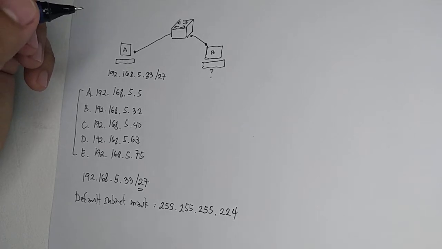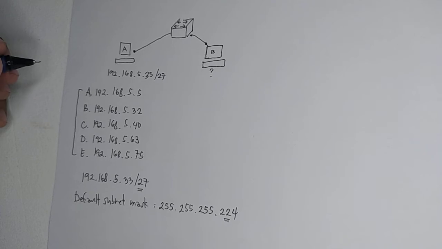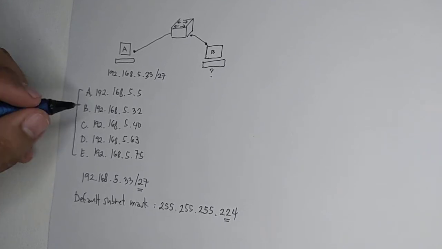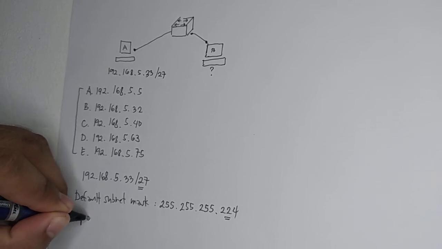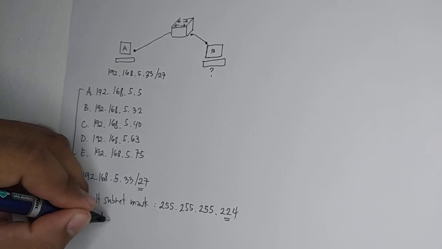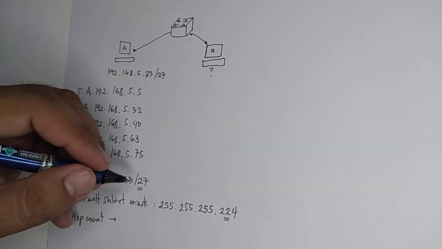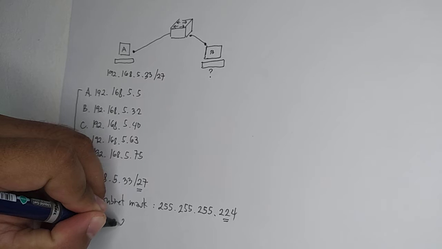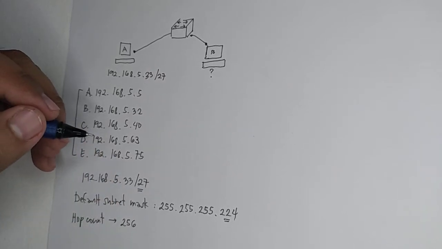Remember what we did on the previous example. We went to the interesting octet, which is the last octet. Here we have 224, and from there we will identify our hop count. To check the hop count, remember that one octet has numbers 0 until 255, or a total of 256 different numbers.